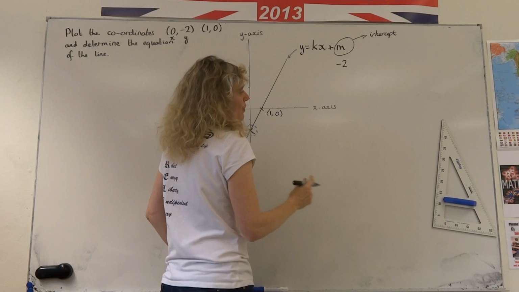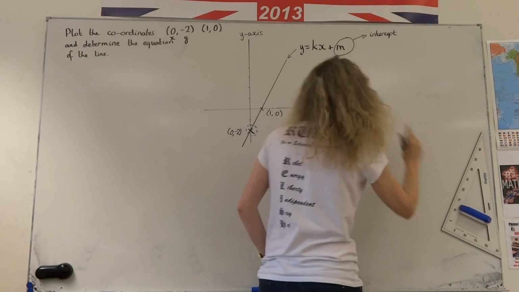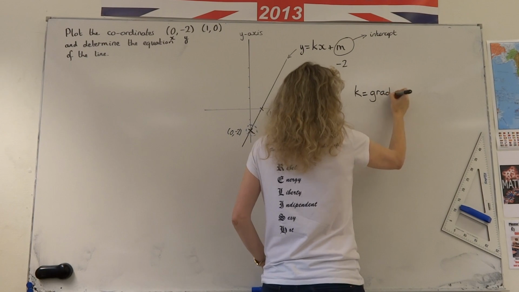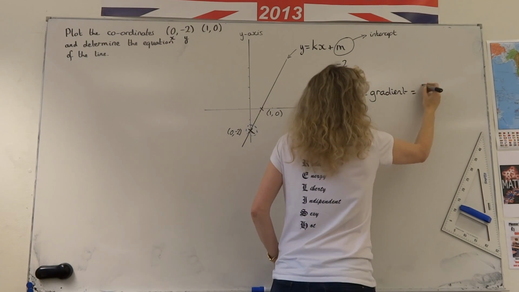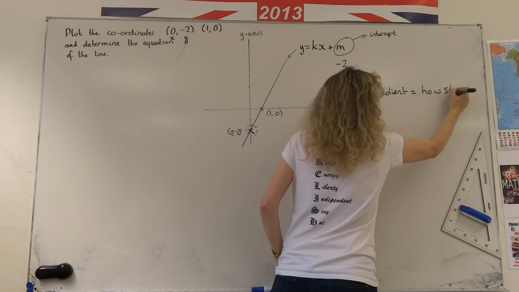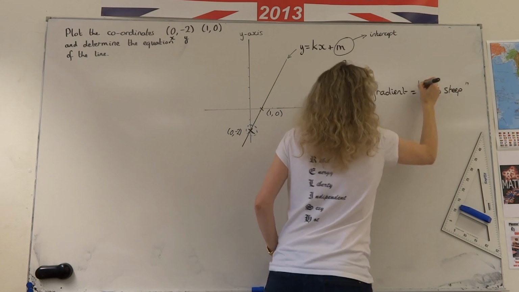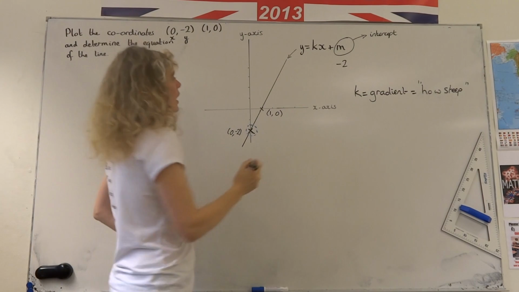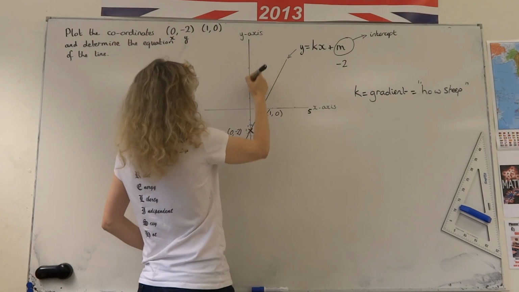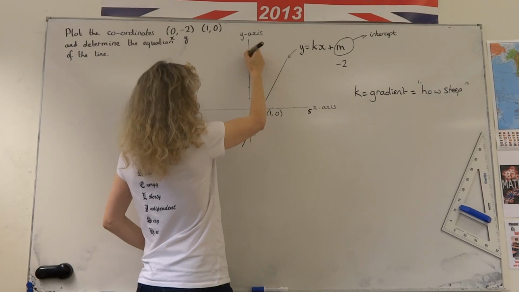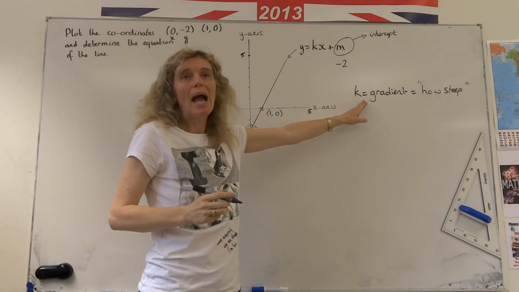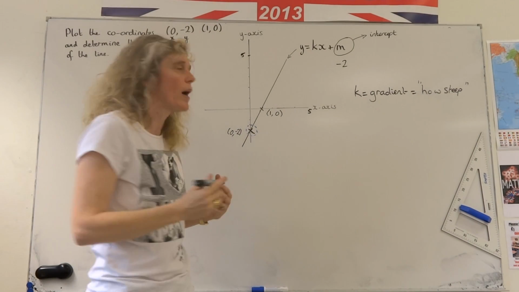Then we have to determine the gradient, and this is k. So k is the gradient, and it just means how steep. How steep is this line? I forgot to put in my points here, 1, 2, 3, 4, 5. If we're going to work out how steep it is, there's a simple way of remembering that.